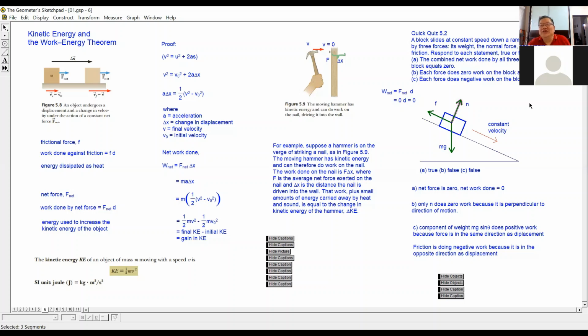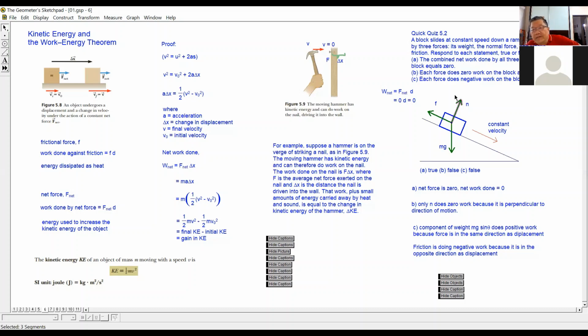Why? Because the normal reaction is pointing perpendicular to the plane and the object is moving parallel to the plane. This force is perpendicular to the displacement, so it's not doing work.